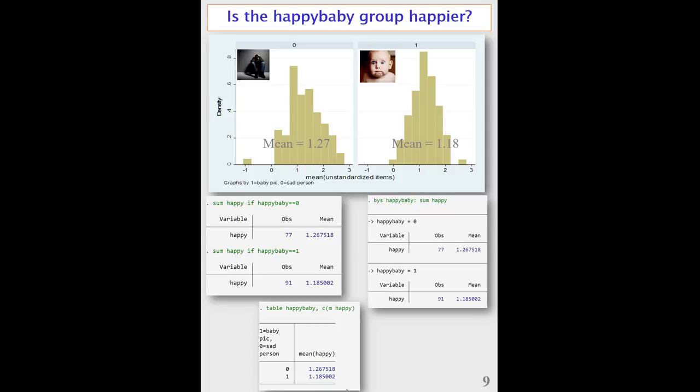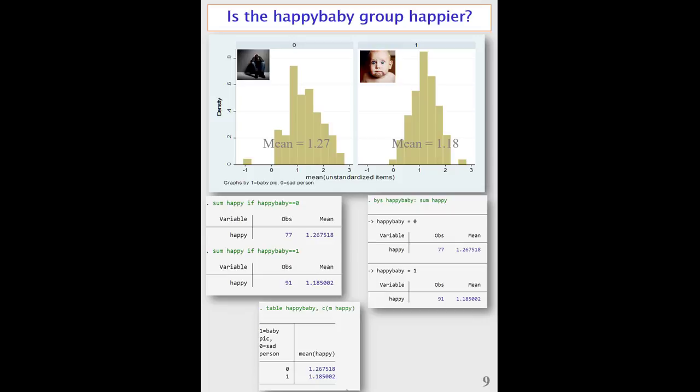The median over there is 1.18, which is lower. So this is certainly not going to deliver that people are happier when they have just seen the happy baby. At best, we might find that if you see the depressed guy, then you score higher afterwards. The argument could be, for instance, you see the depressed guy sitting over there, and then you think, seeing him being depressed, it's not so bad for me. That's a good thing.